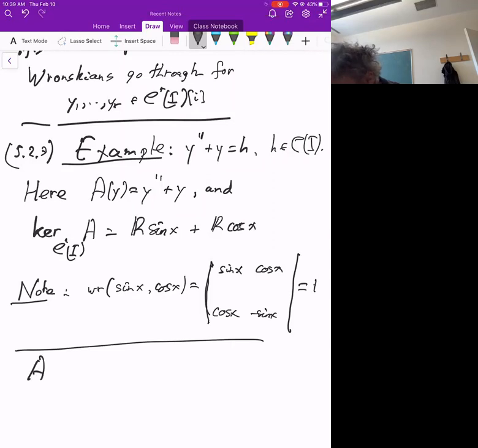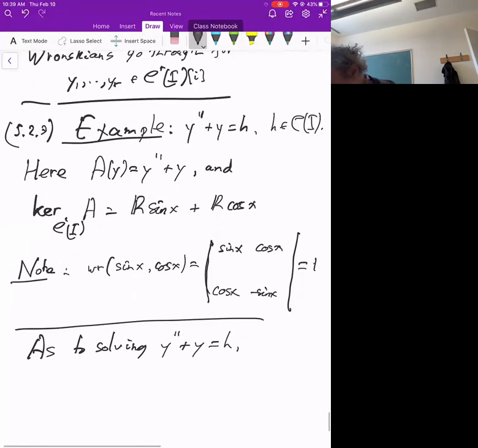As to solving y double prime plus y equals h, once you have a basis for the vector space of solutions of the homogeneous equation, you can actually come up with formulas for solving also the inhomogeneous equation. I'm not going to write down this in general, but let me just do it for this case.